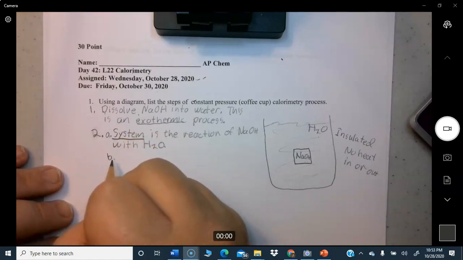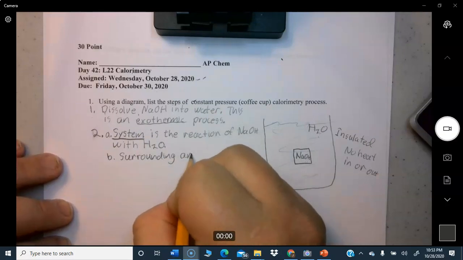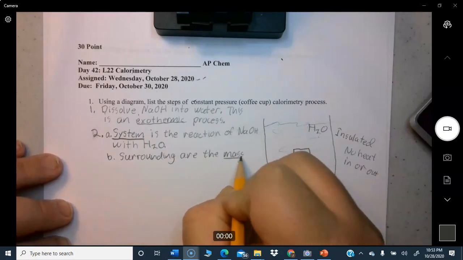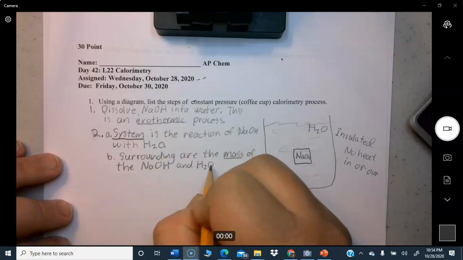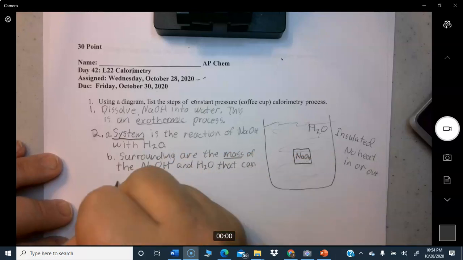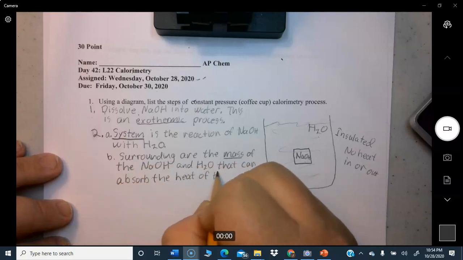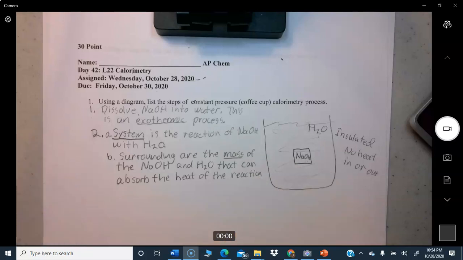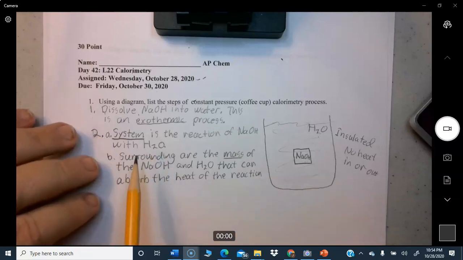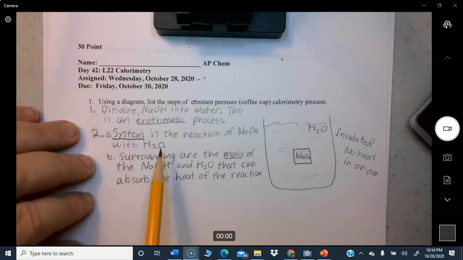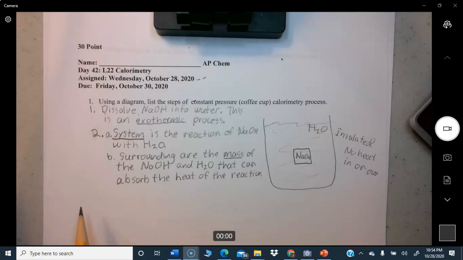B, the surroundings. The heat is coming out of the reaction. It's the breaking of the bonds. The surroundings are what can absorb that heat, what can take it in.